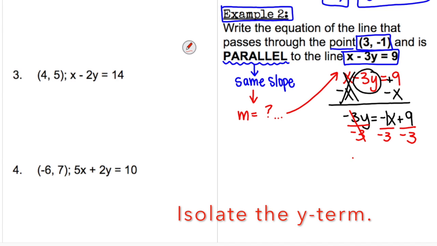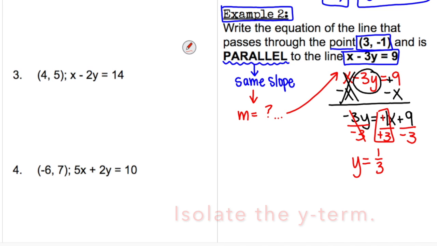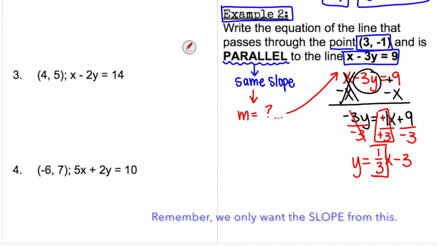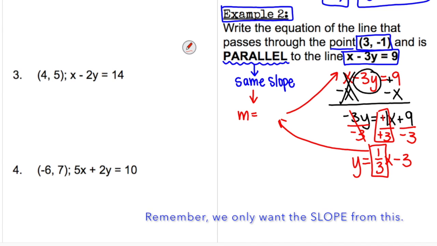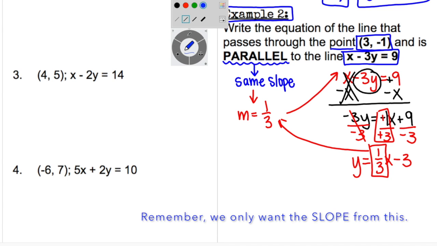On the left, we end up with just y. On the right side, we have -1 divided by -3, which is +1/3 x, and 9 divided by -3 is -3. Remember, we only wanted the slope from that equation. We only wanted 1/3. So that's the slope that we're going to use for this line. We don't need any other piece of information from that equation.